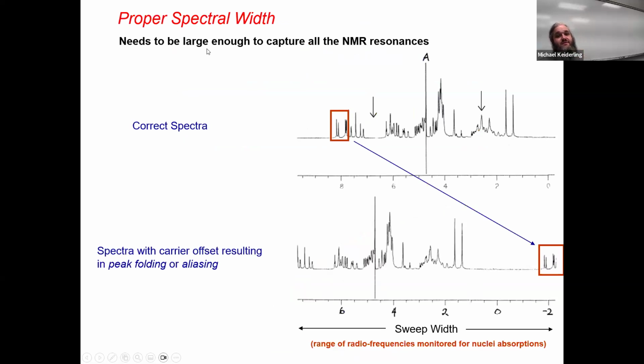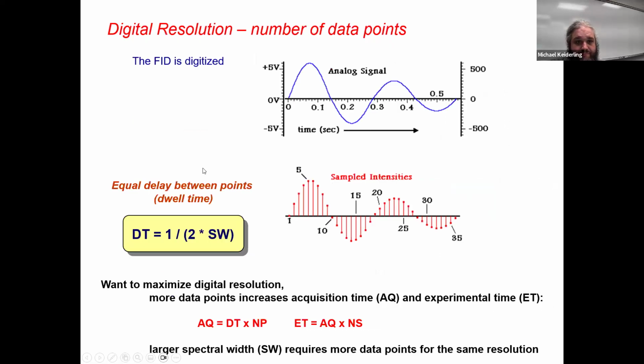For a proper spectral width, you need to be large enough to capture all the NMR resonances. You can have issues with carrier offset resulting in peak folding or area shifts. This is not going to be much of an issue, just sweep a large enough range.